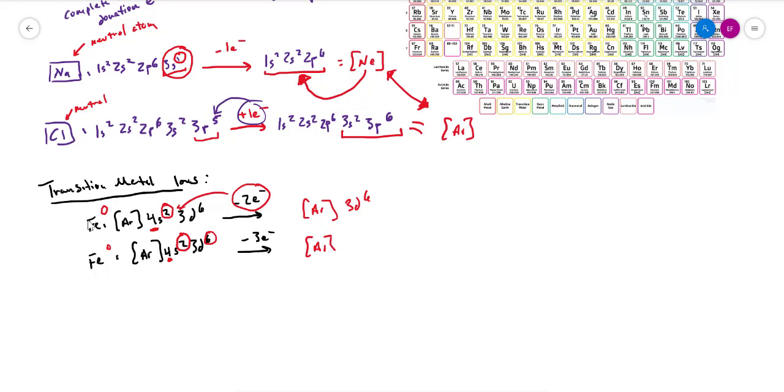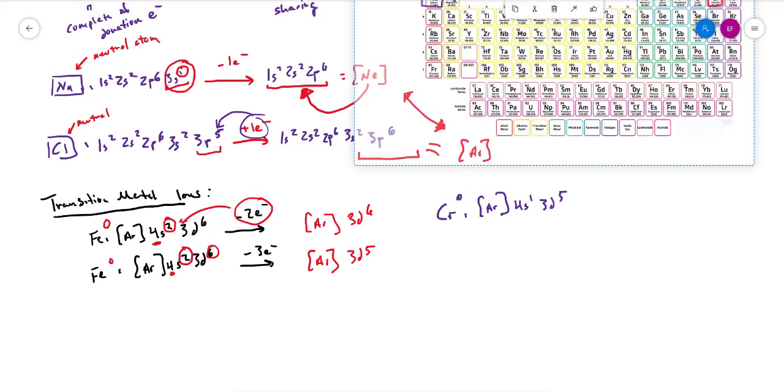That's going to give us argon and then 3d5. So, general recap with these transition metals, and really any ions that are formed: you're always going to yank out the highest principal quantum number electron first. If you still need more, then you're going to drop down to the next lowest energy orbital in the configuration that's filled.